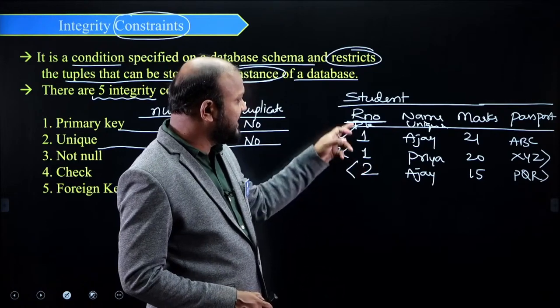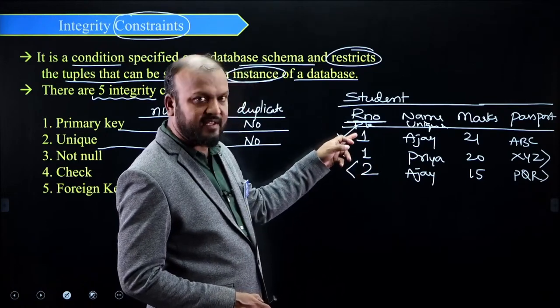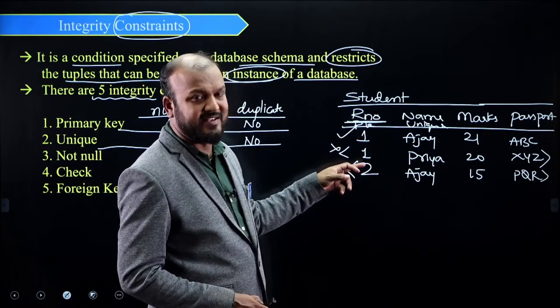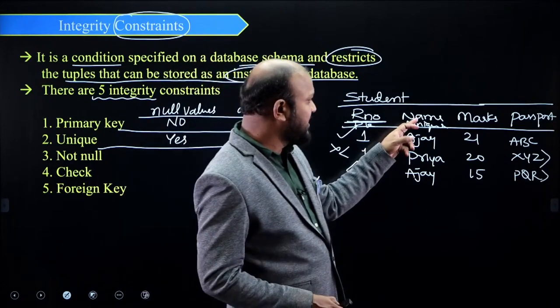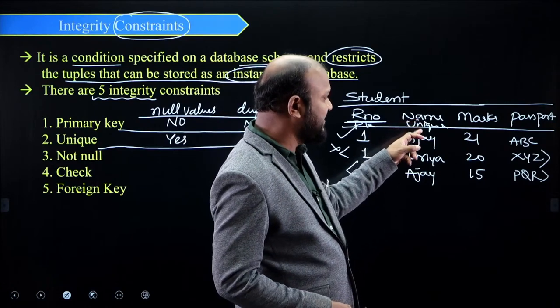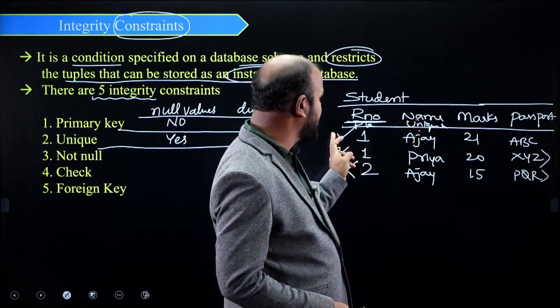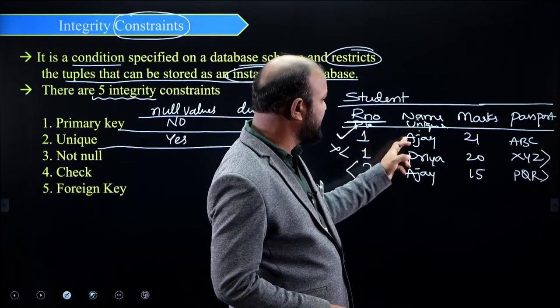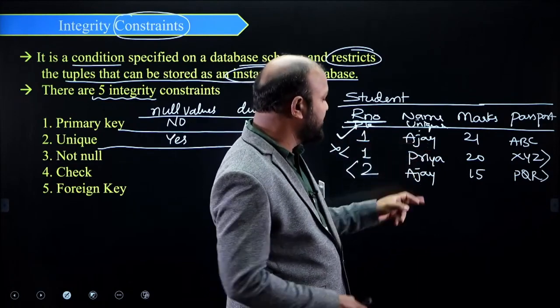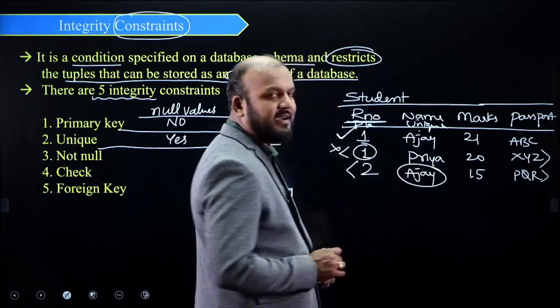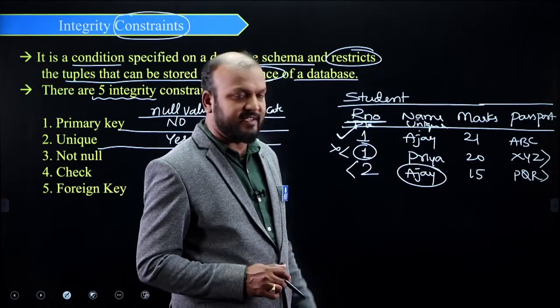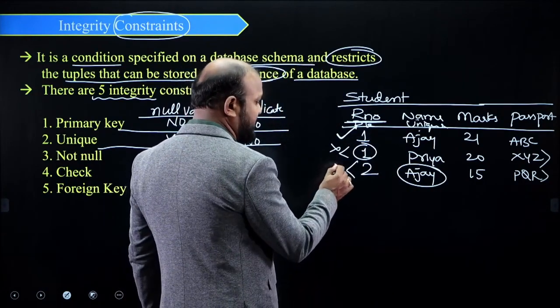Here 2 in the roll number, already 1 was there but not 2, so there is no duplicate and it is not a null value, it is allowed. And here on name we have a condition called unique, because the first tuple is already inserted with the name Ajay, but I am trying to insert one more student with the name Ajay, and that Ajay is duplicating. Because it is duplicating, it is going to be rejected.